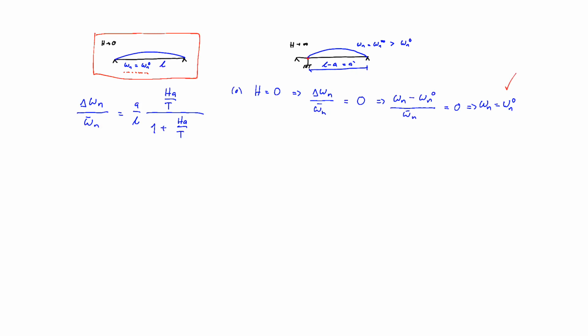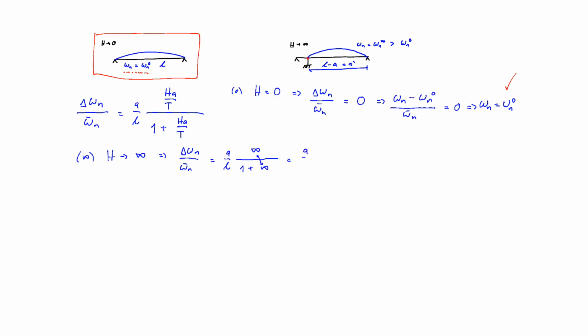Now we want to use the other limit, where H, let's just say, approaches infinity. In that case, delta omega n divided by omega n bar becomes A divided by L. And then we have, roughly speaking, infinity over 1 plus infinity. These two will cancel.